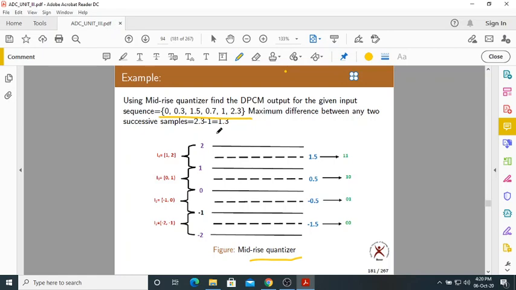Now, what is the difference between any two neighboring samples? The differences are 0.3, 1.2, 0.8, 0.6, 1.3. So the maximum difference between any two successive samples is 1.3.